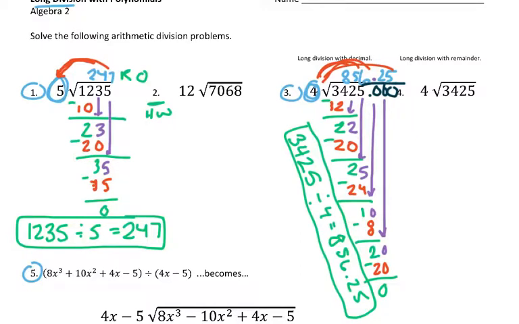Alright, so then the next one, what we're going to do is the same process. Notice it's the same operation, okay? Only now they're saying with a remainder. So if we go back to that same step, we had 856, and once we were at 856, we ended up having a remainder of 1.